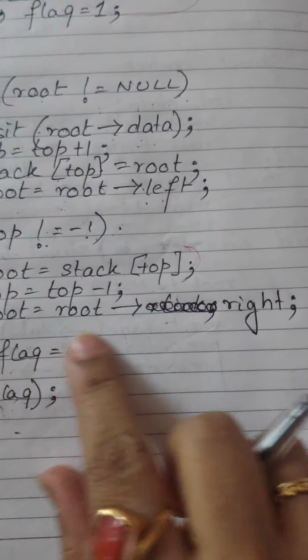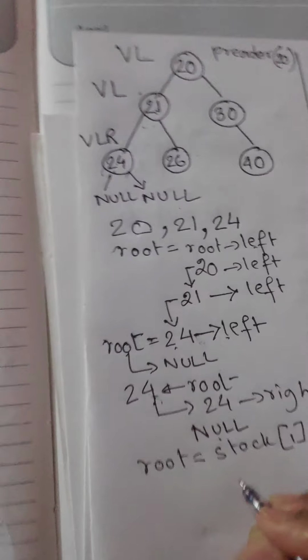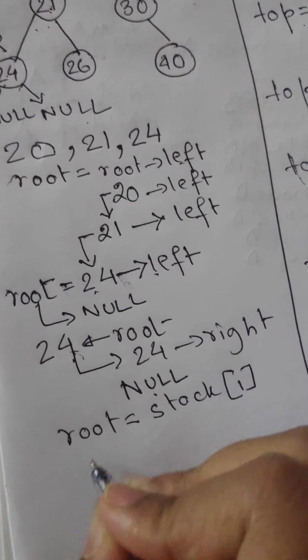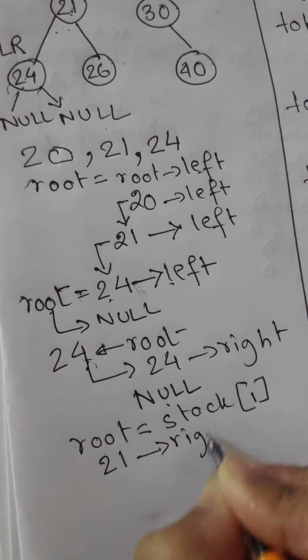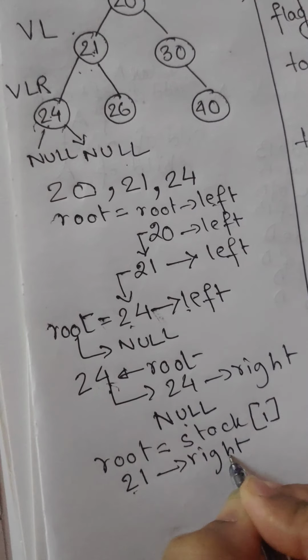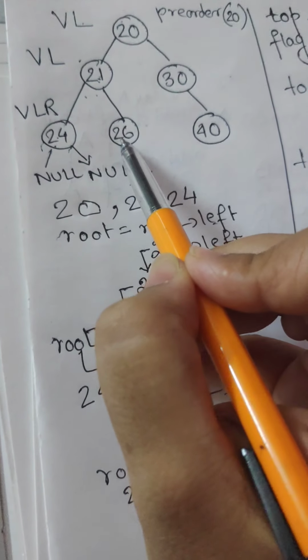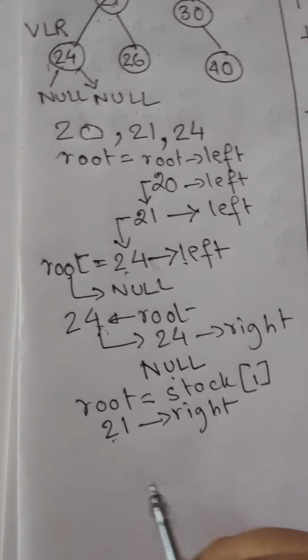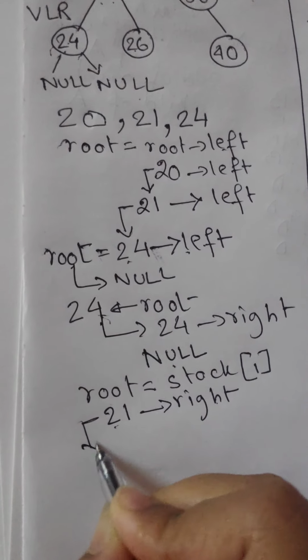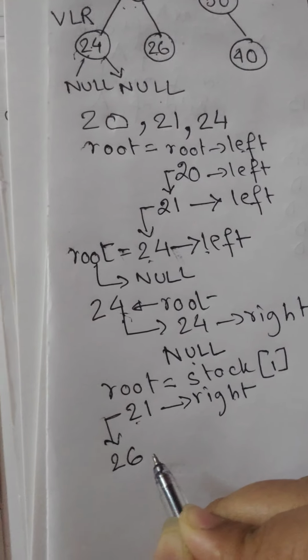Next, root is equals to root right. So you are trying to go root at current is 21 and you are trying to go to root right. That means 21 right. Now what is there in 21 right? In the 21 right you have got 26. So this is 26. Correct?